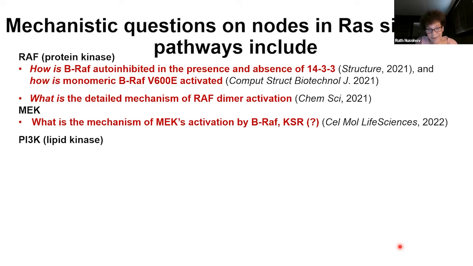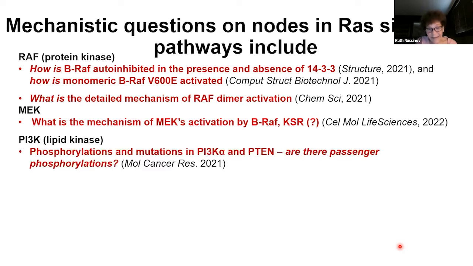As to PI3K, a lipid kinase, we have been asking questions related to the phosphorylations and the mutations in PI3K and in PTEN, and asking, are there also passenger phosphorylations? There are many phosphorylation sites in PI3K and PTEN.